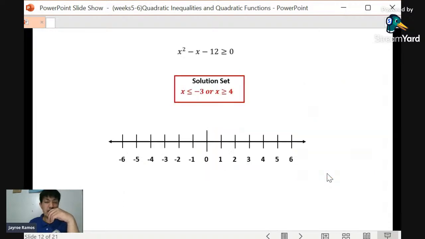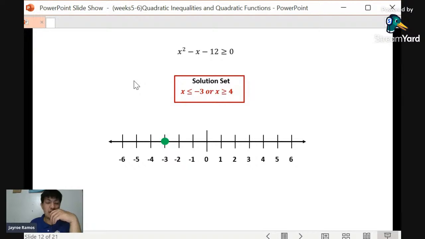And then after that, of course, we're going to graph. So ano ba ang graph ng x squared minus x minus 12 greater than or equal to 0? So given this solution set. Okay, now. So if we're going to observe, meron na po tayong equal, no? Less than or equal and then greater than or equal. So kapag dinetermine natin yung negative 3, if you're going to check, shaded na siya.